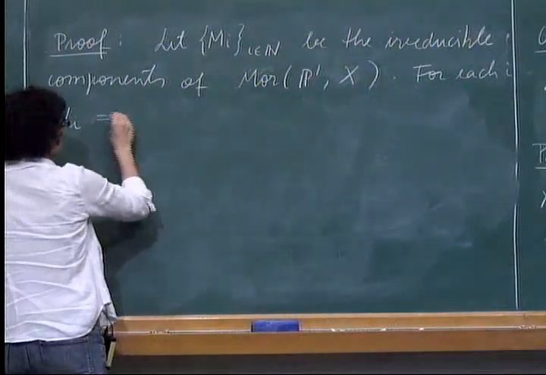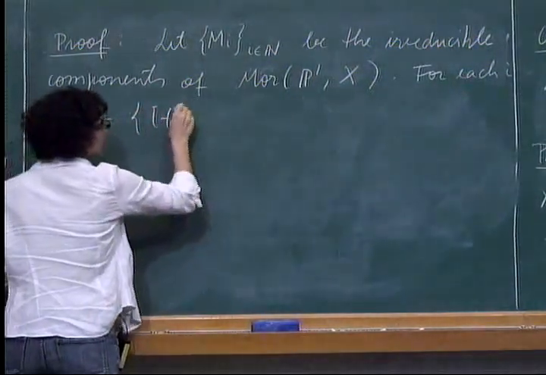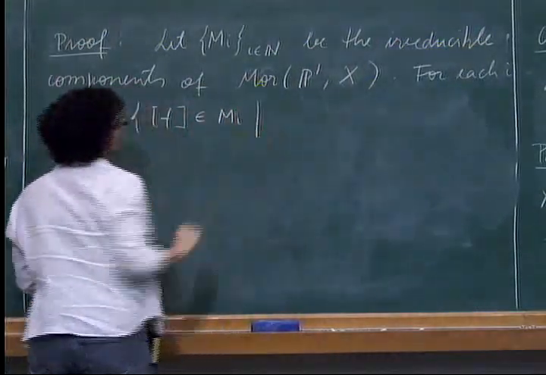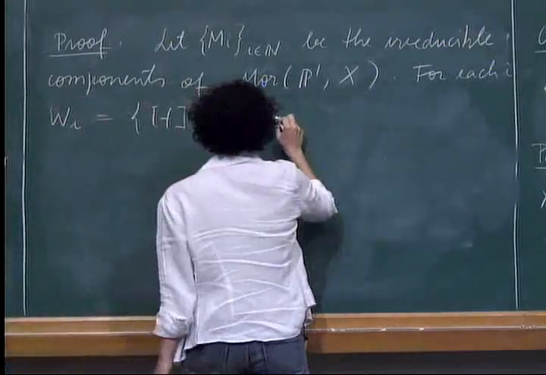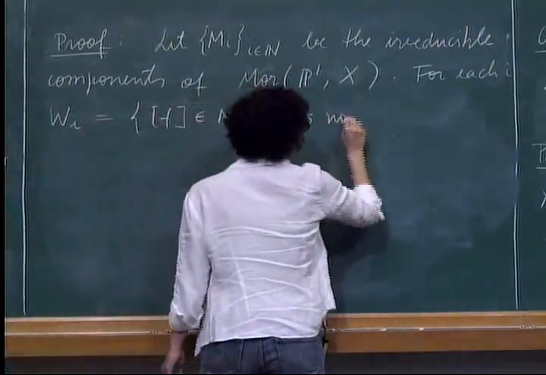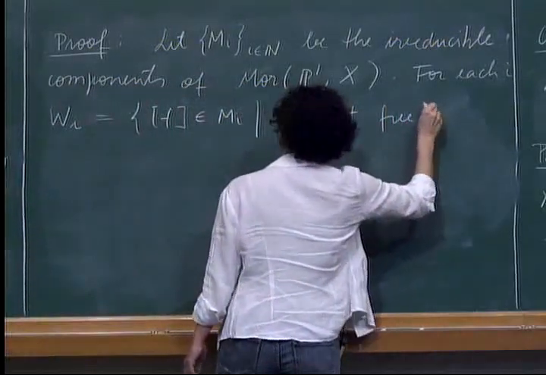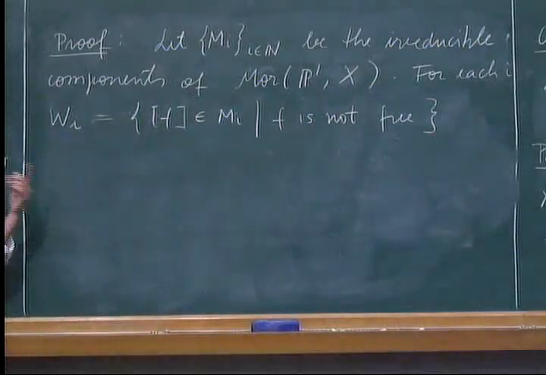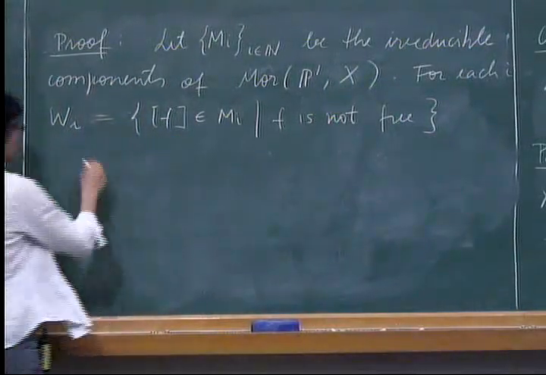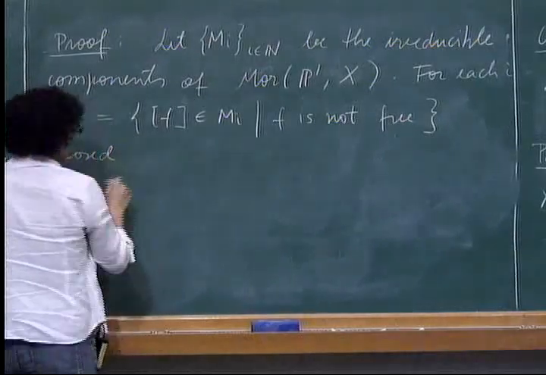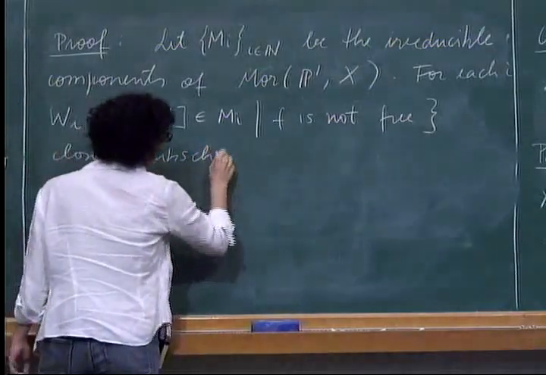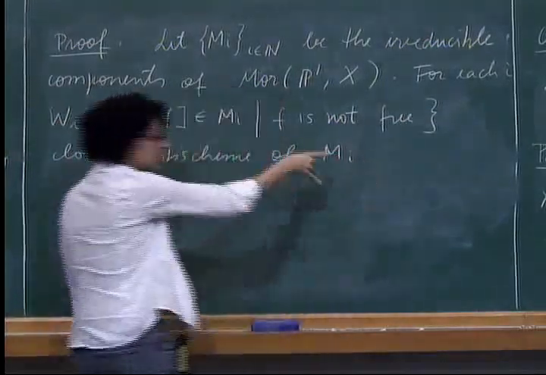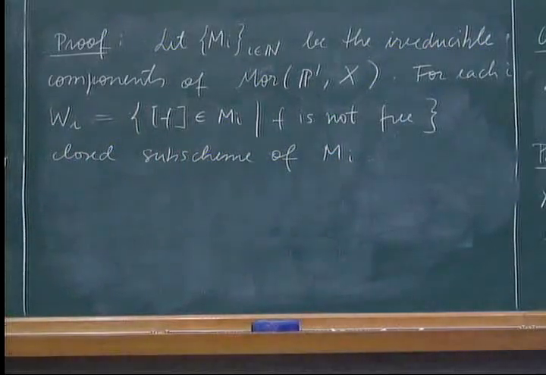So this will be this set of morphisms in Mi that are not free. Now, as I said, being free is an open condition, so this is actually a closed subscheme of Mi. It could be the whole Mi.